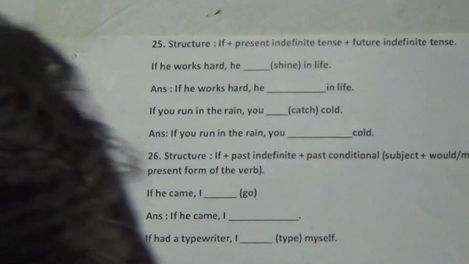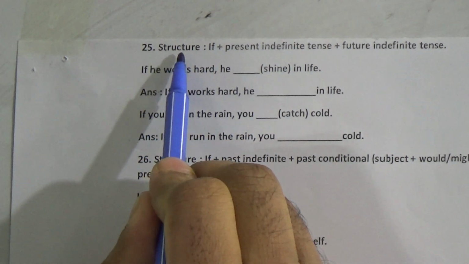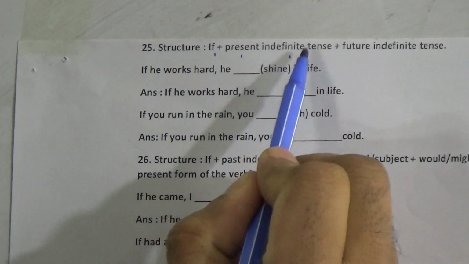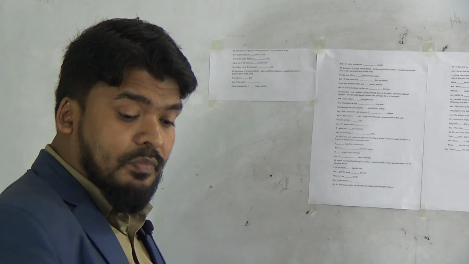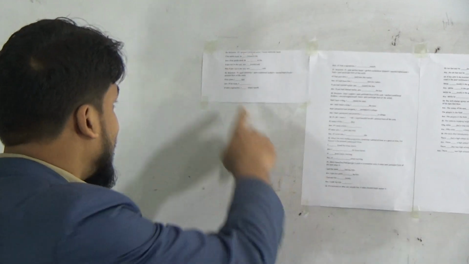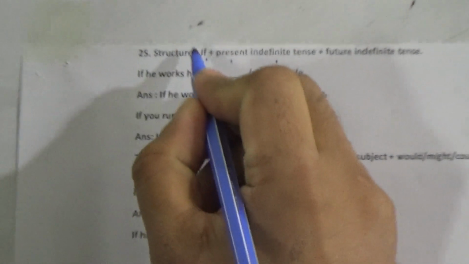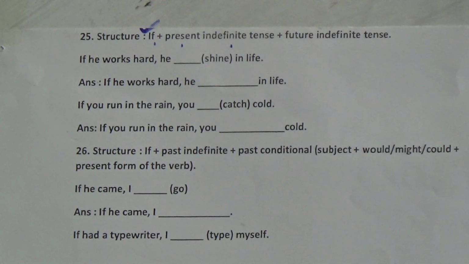Dear students, now the first rule, rule 25, is the structure: if plus present indefinite tense, plus future indefinite tense. This is rule number 25. You know that in our previous class we completed rules 1 up to 24. Now you notice that this is rule 25: if plus present indefinite plus future indefinite.